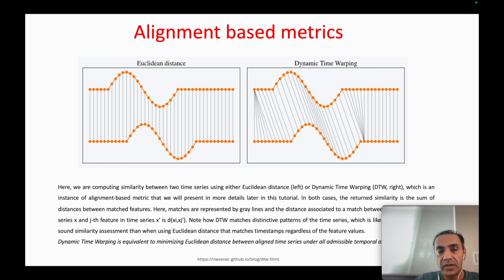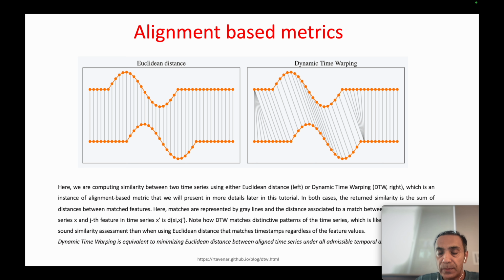So here we are computing similarity between two time series using either Euclidean distance on your left side or dynamic time warping on your right side, which is an instance of an alignment-based metric that we will present in more detail later in this tutorial. In both cases, the returned similarity is the sum of distances between matched features.